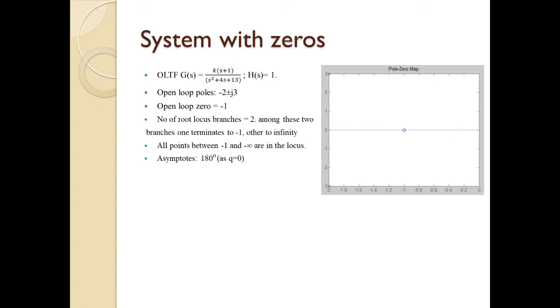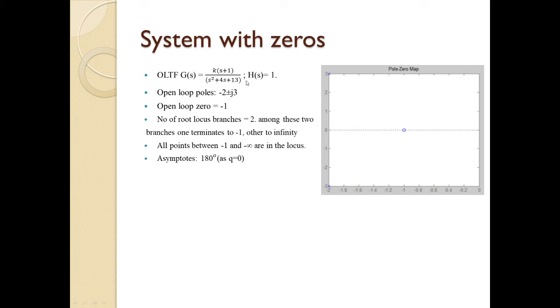So here we are considering another problem, which has a system with a zero located on the real axis, but here the poles are not located on the real axis. In the same way, we can find that the number of poles is 2, because the denominator has order 2, and the pole locations can be calculated by setting the denominator equal to 0.